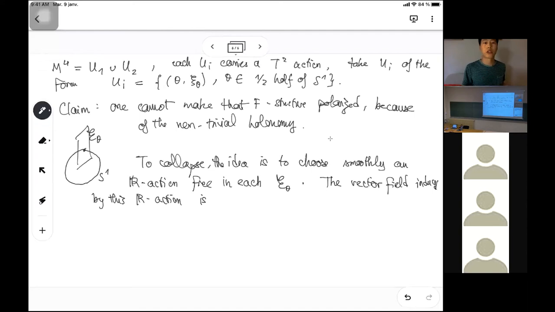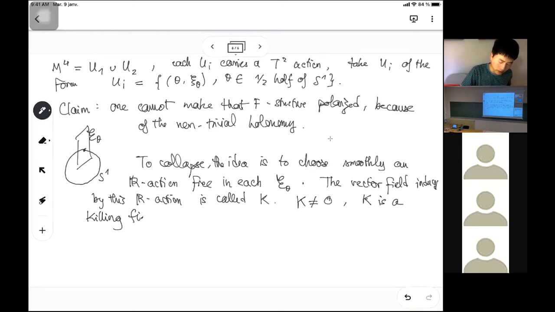Call it K. K is never 0. K is, however, a killing field in each slice, each E theta, but K is not a killing field.